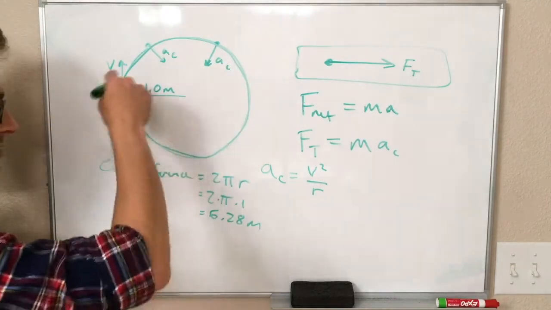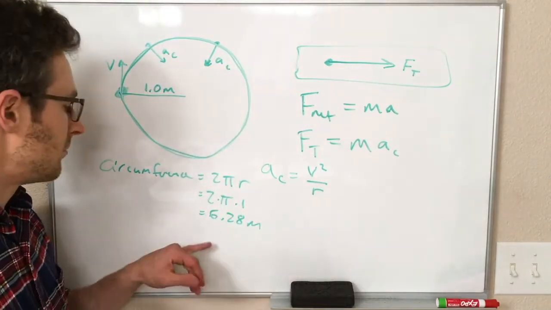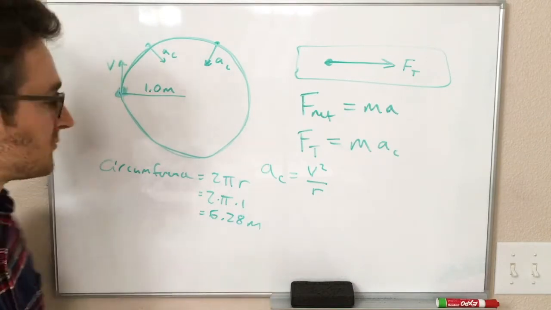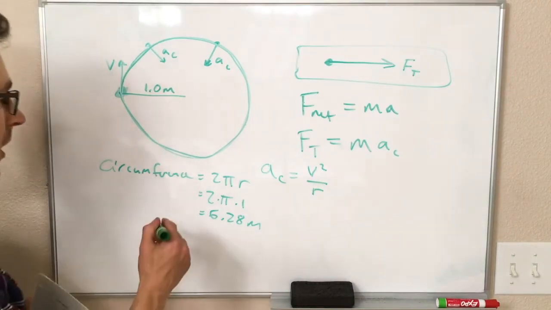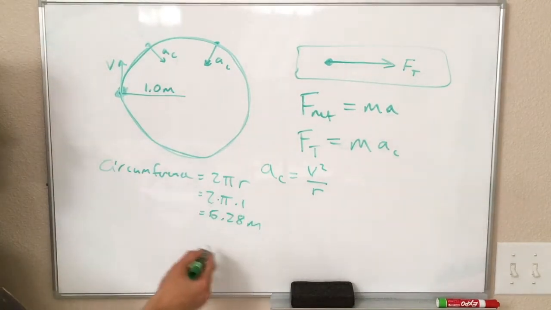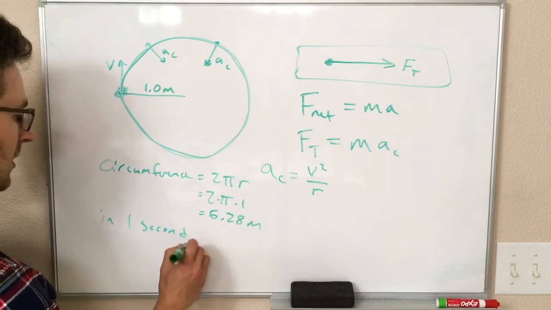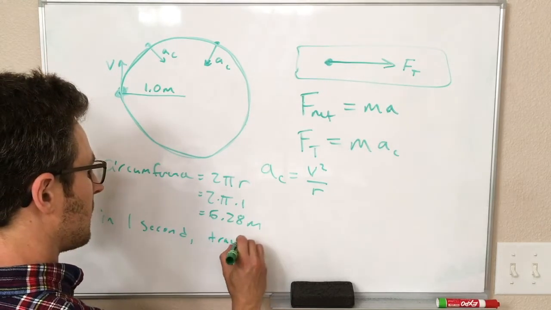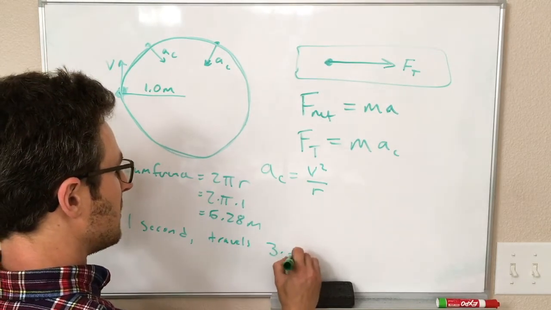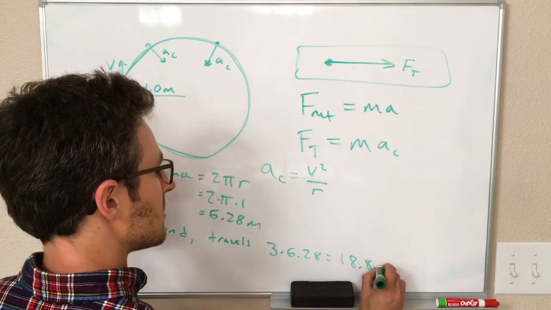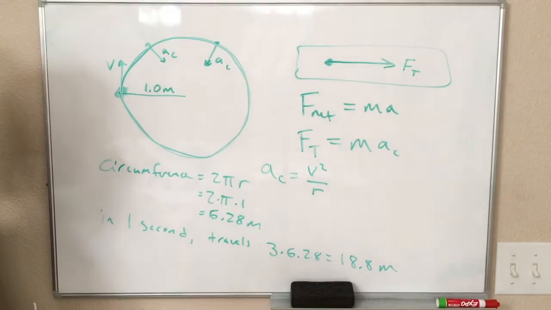So each lap around the circle is a journey of 6.28 meters. All right, so it is doing this 3 times a second. So in 1 second, it is traveling 3 times 6.28, which equals 18.8 meters.